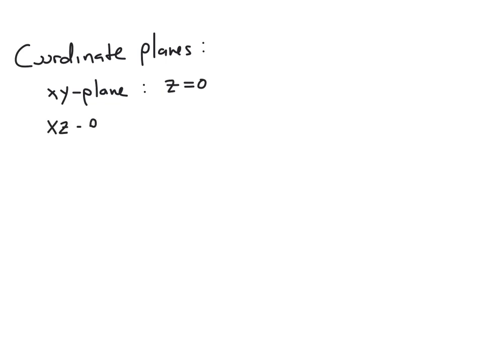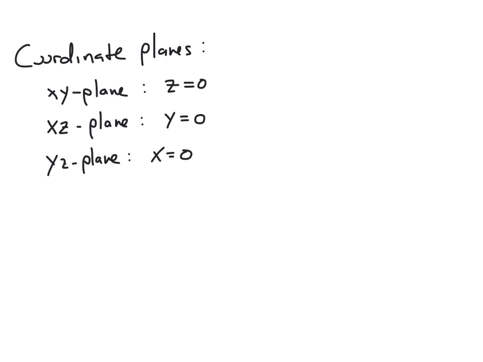This is the plane that goes through the x-axis and the z-axis, and this is given by the equation y equals 0. And we have the yz plane, which is the plane that goes through the y and the z-axis. All the points on that plane will have a coordinate of x equal to 0.